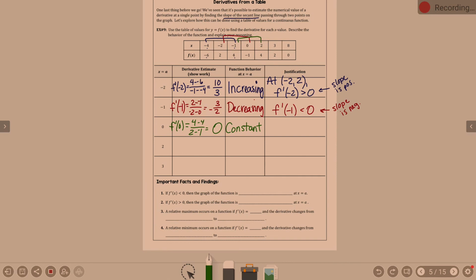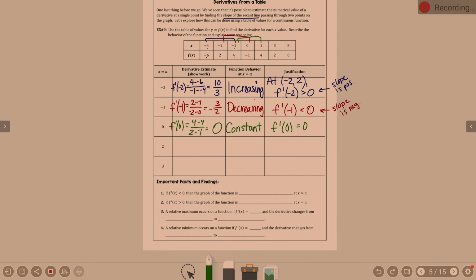Because it's a horizontal line. Now, our justification is because the derivative at 0 is equal to 0. We'll come back here in a moment, assuming I remember, and talk about what's happening at that point. In other words, if the slope is 0, that means there's either a min or a max. Which is it? We'll come back and talk about it in a moment.